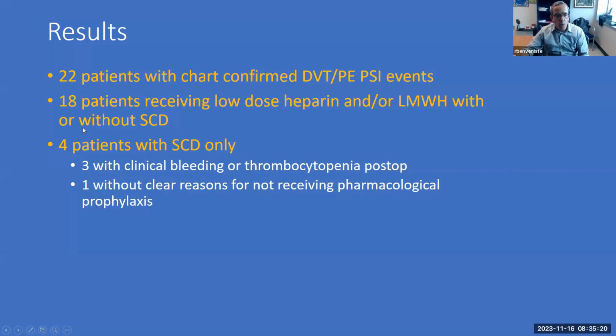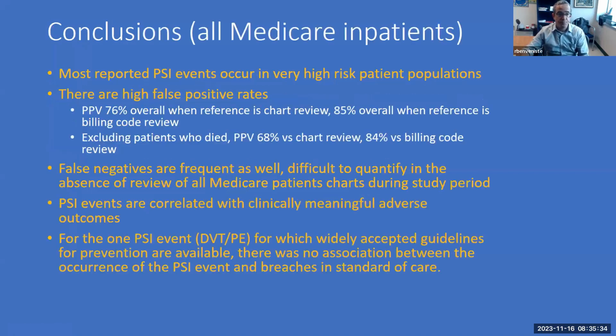So in 21 out of the 22 patients who had DVT-PE, what almost all clinicians and epidemiologists would consider standard of care was met for preventing deep venous thrombosis. So these are our conclusions for all of these Medicare inpatients, all 127.